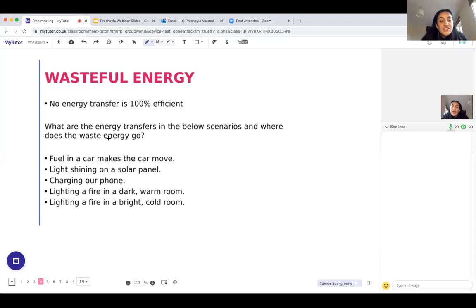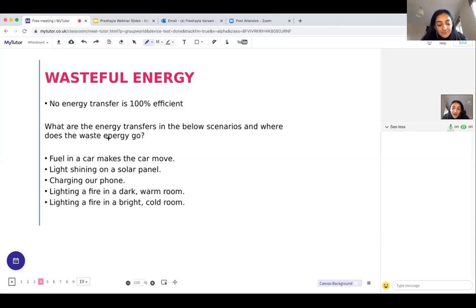The energy transfers involved are chemical energy in the fuel going to kinetic energy to make the car move. That's the energy transfer, but there's going to be some waste energy. So where does that waste energy go? And what is the waste energy?